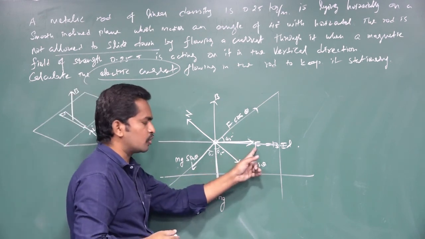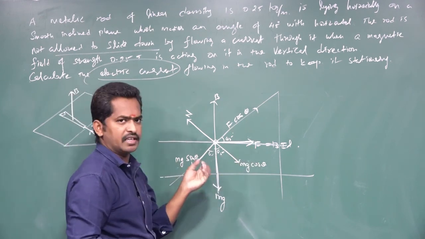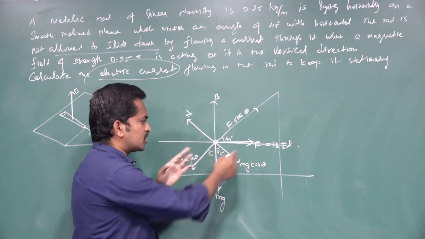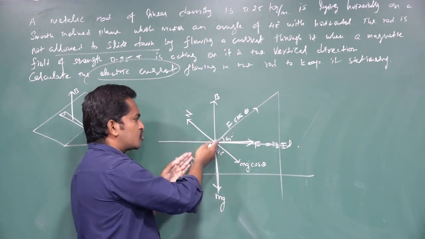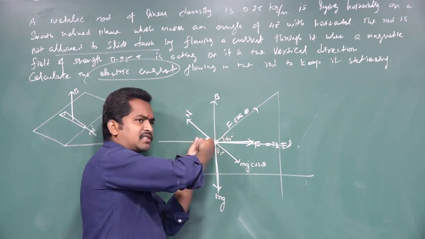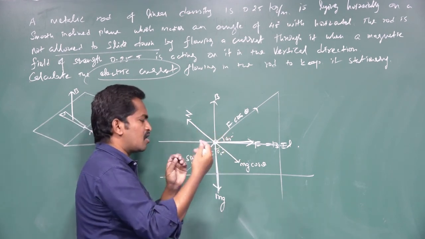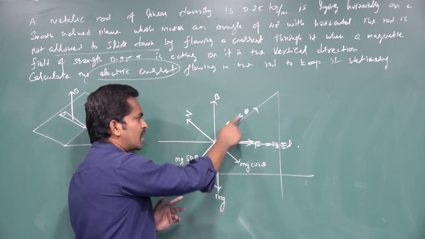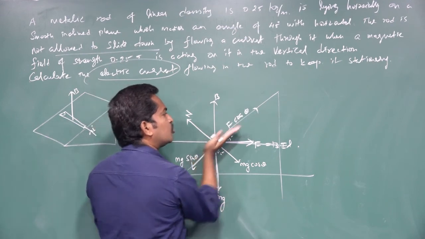It's a very important FBD. FBD means free body diagram. So F is a resultant force, divided into two components, one horizontal and another vertical. The vertical component is along the direction of the conductor, so it does not act on the conductor. So F cos theta is the horizontal component acting in this direction.